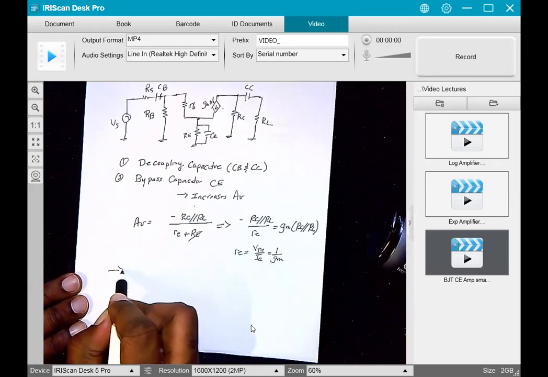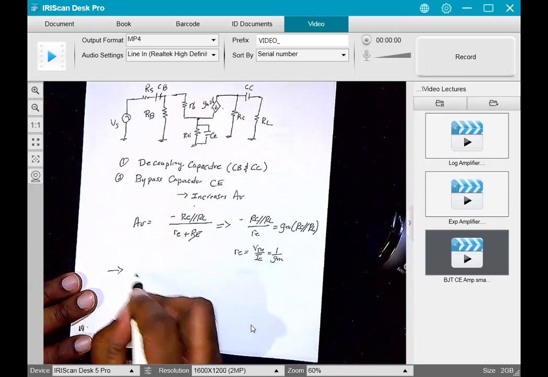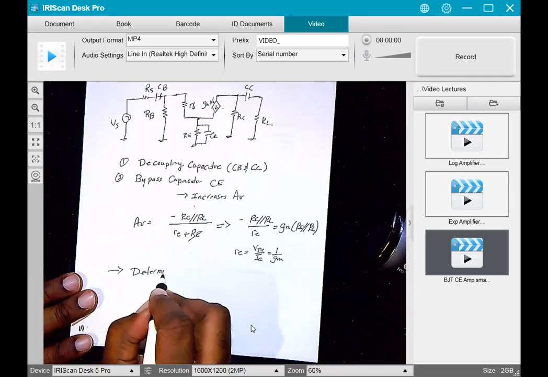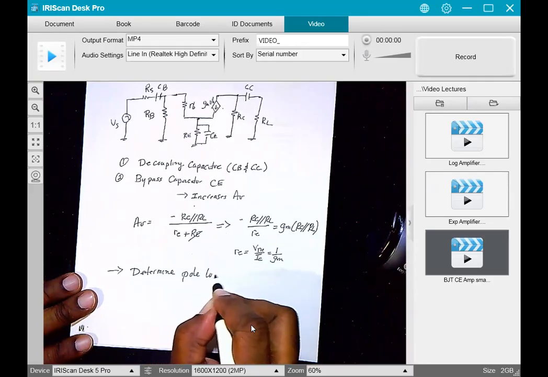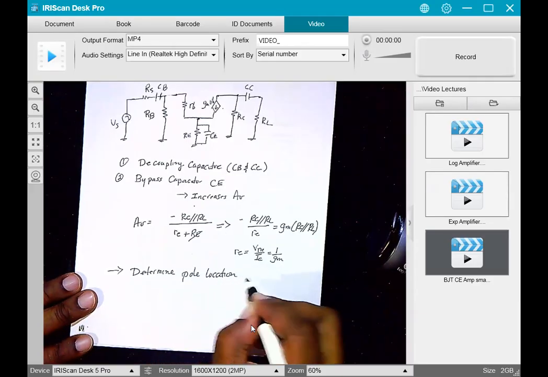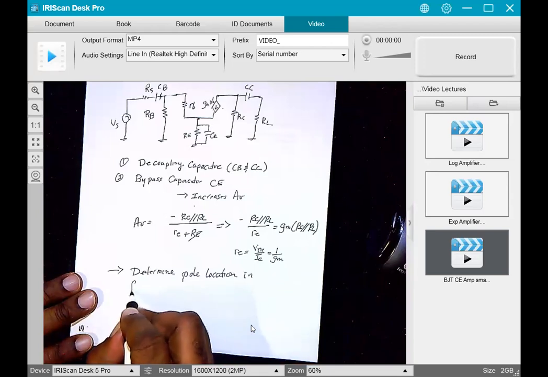The other thing these capacitors do is they determine pole location in the frequency response.